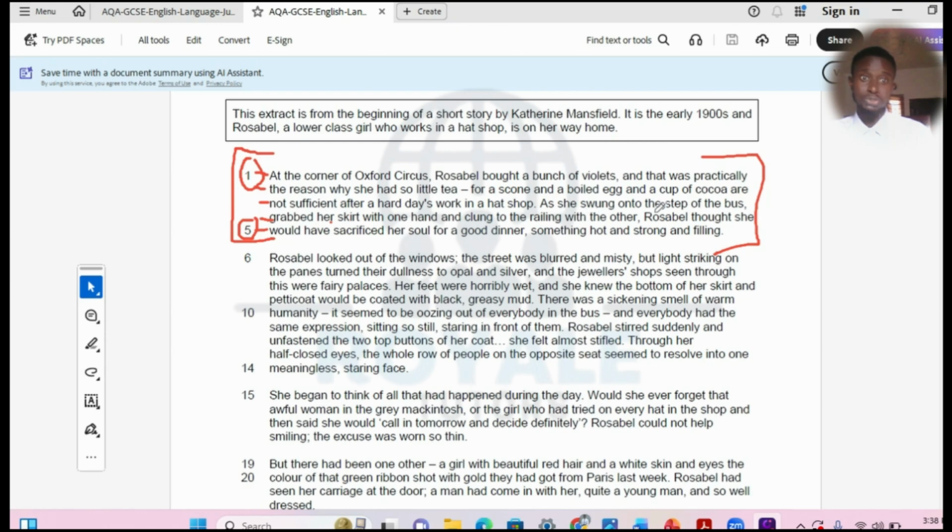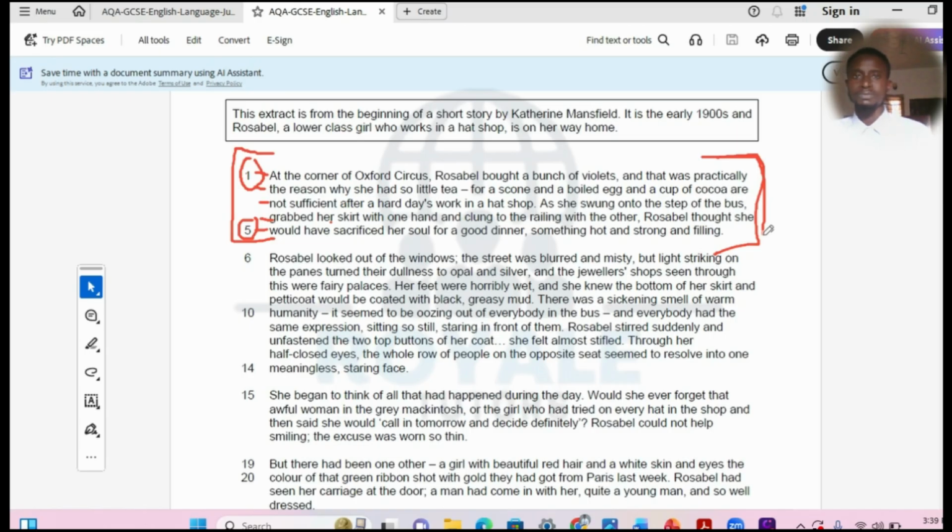As she swung onto the step of the bus, grabbed a skirt with one hand and clung to the railing with the other, Rosabel thought she would have sacrificed her soul for a good dinner, something hot and strong and filling. So this is it right here, and we are to select 4 things. We're to write 4 things about Rosabel.